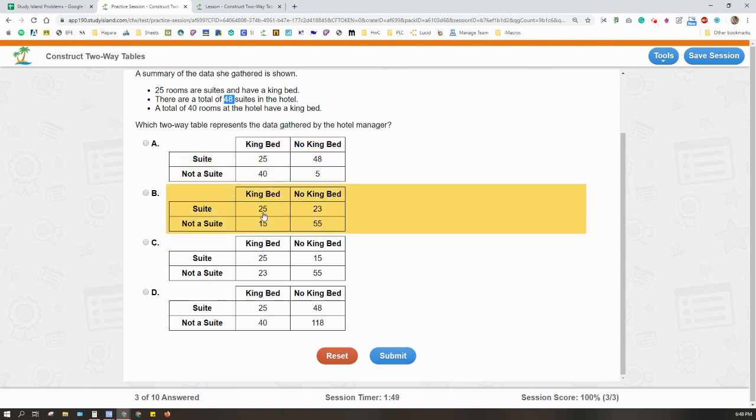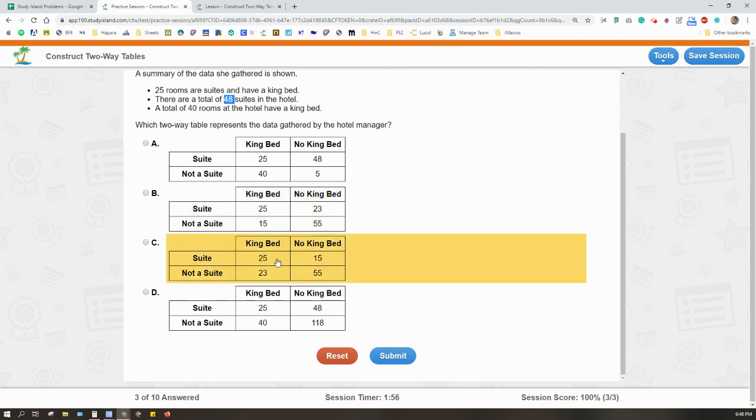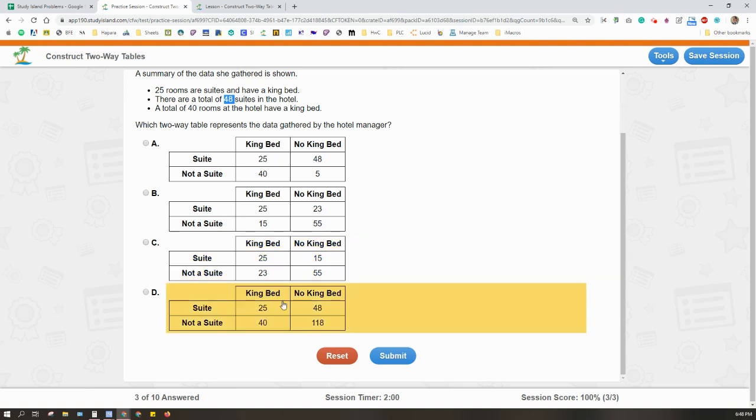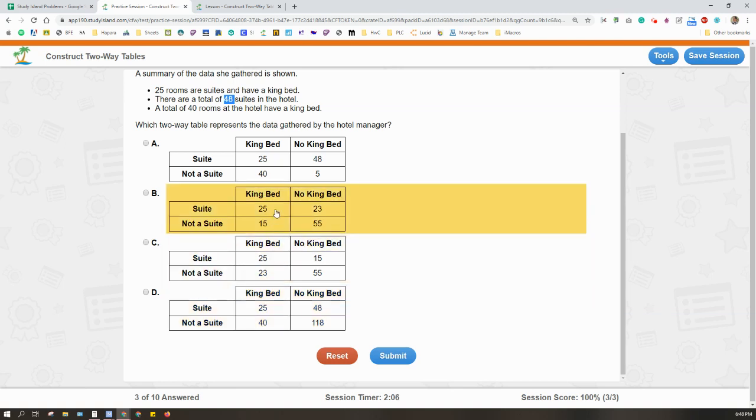Table B, 25 plus 23 is 48, so that could be one of our options. Table C, 25 plus 15, that is only 40, so that's no good. And table D, 25 plus 48, again, makes more than 48 total suites. So the only table that fits that one requirement for this problem is table B.